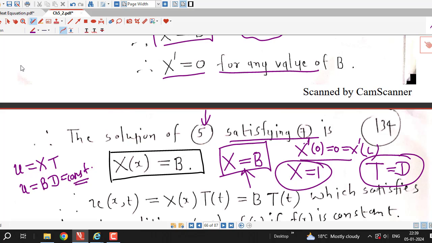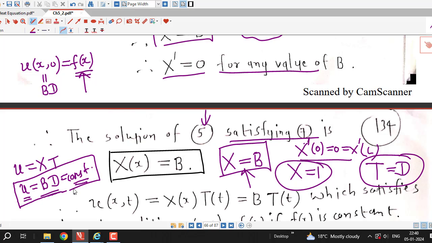And if we use initial condition, at t equal to 0, value of u is f(x). Suppose I put t equal to 0 here, u is constant for any value of x and t. So for t equal to 0 also we have constant, and that is given to be f(x). So initial condition is satisfied if f(x) is constant, and in this case the solution is u equal to some constant.